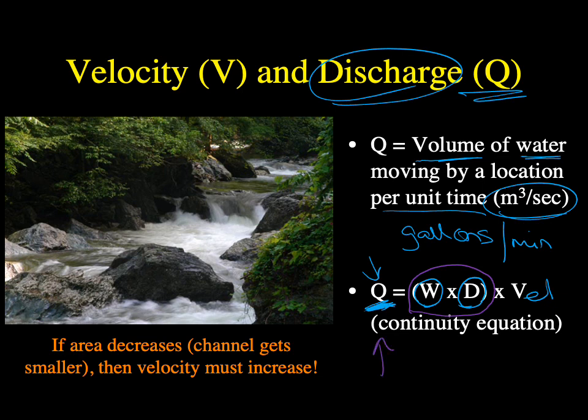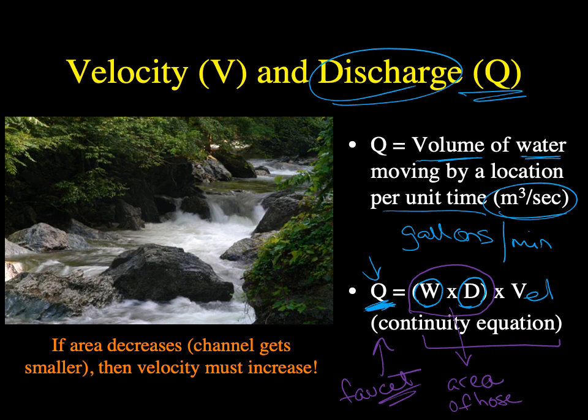Let's define this really quickly. Discharge is the volume of water, right? So that you set by essentially turning on the faucet. So when you turned on the faucet at the house, you set the discharge. Now let's relate the rest of this here. The width times the depth, that is essentially a synonym for the area of the hose, yeah?